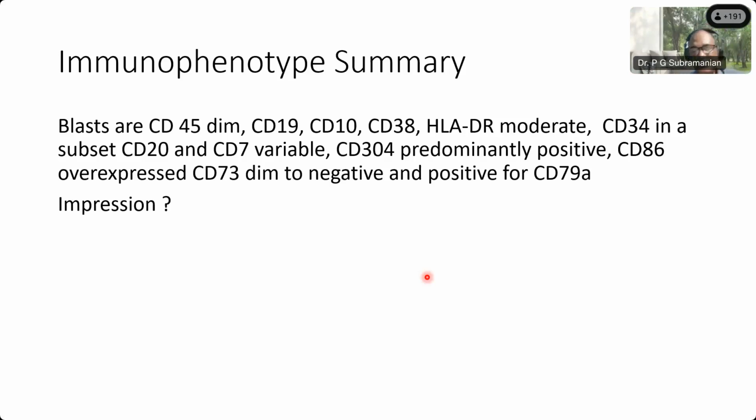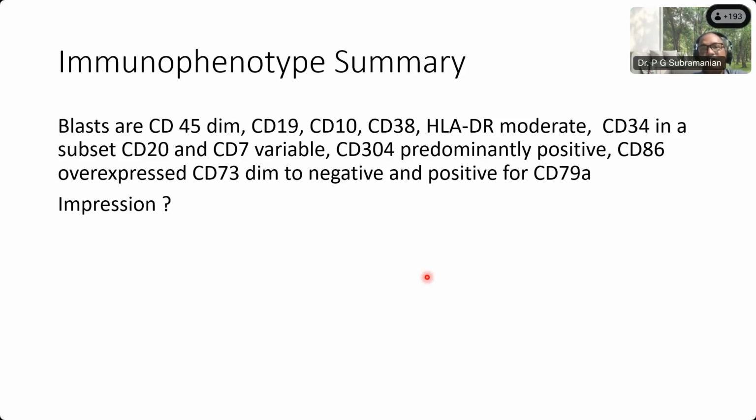So CD19 is a pan B cell marker. Similar markers to CD19 are not there in IHC. CD19 is positive even in normal plasma cells. So it takes the entire B cell spectrum from precursor B cell, mature B cell up to plasma cell.